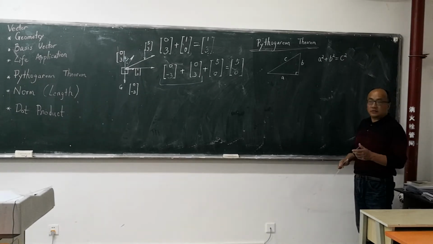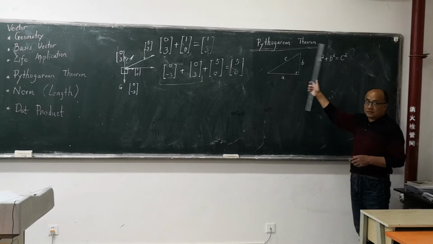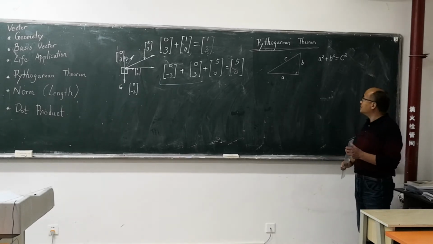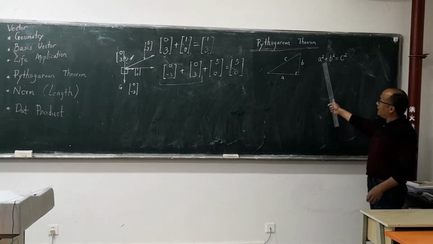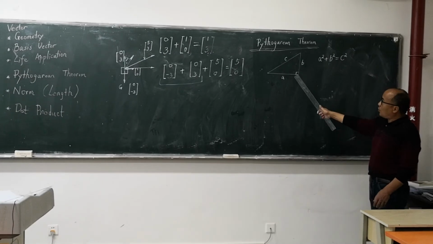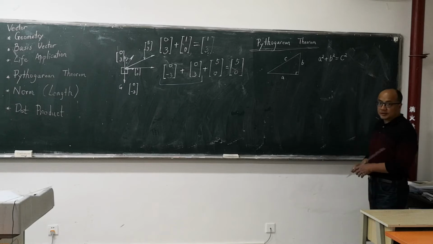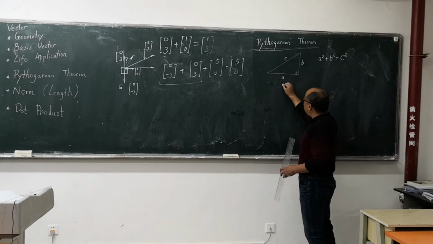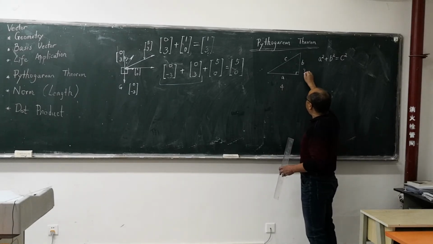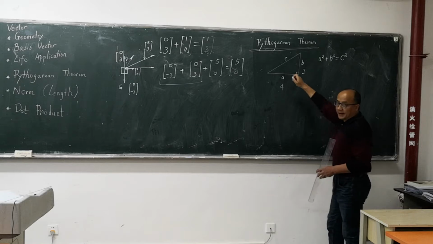I'm just ready to talk about the most important theorem, and some student just left. Okay, A squared plus B squared equal to C squared. If this is a 4, if this is a 3, what's here?